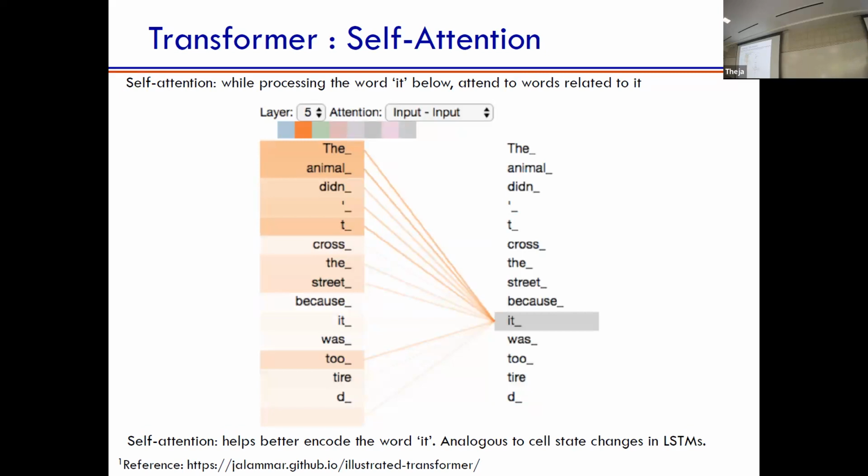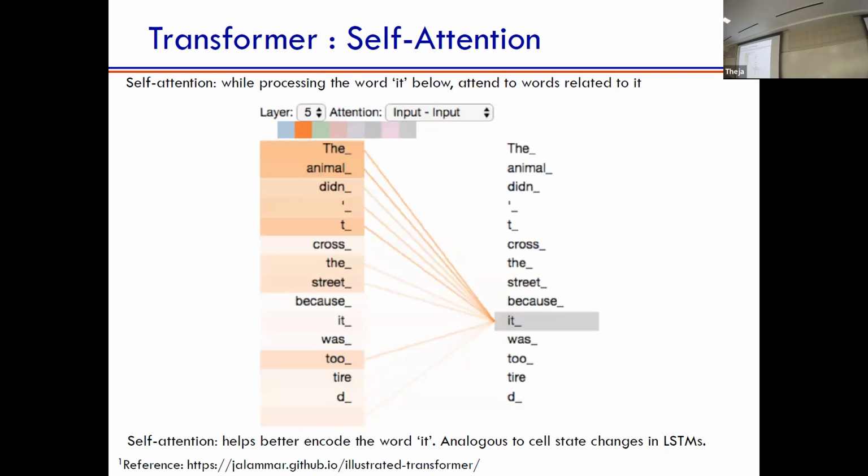Let's say we are producing some equivalent of z1, maybe z10 or something here. When I'm producing z10, which means I am producing some vector corresponding to this word index, it, while I'm producing the vector for this word index, I should look at vectors for other words from the input. And which vector should I look at?